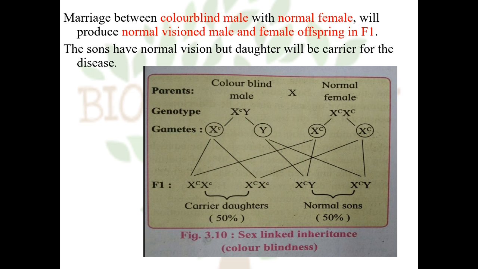When the Y fuses with X capital C, it produces a normal son. Again, when the Y fuses with another gamete from the normal female, X capital C, it produces a normal son. That means the sons have normal vision, but the daughters will be carriers for the disease. 50% carrier daughters and 50% normal sons are produced by this type of marriage.